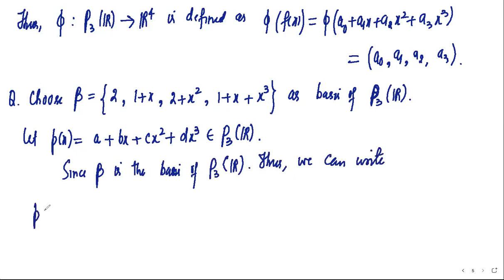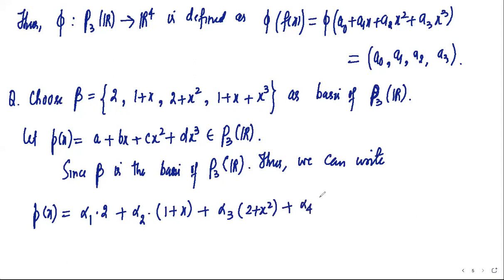We can write p of x is equal to some, अब हमें यहाँ पे कोएफिशिएंट्स चूज करने हैं, so it is some alpha 1 times 2 plus alpha 2 times 1 plus x, alpha 3 times 2 plus x square, plus alpha 4 times 1 plus x cube. ये ठीक है, ये स्टेप यहाँ पे.